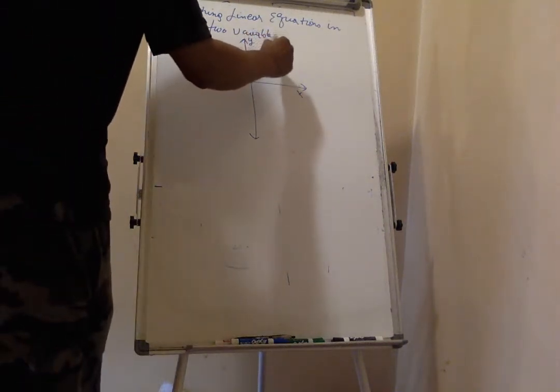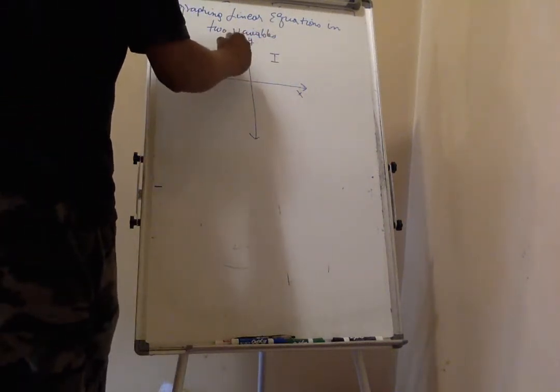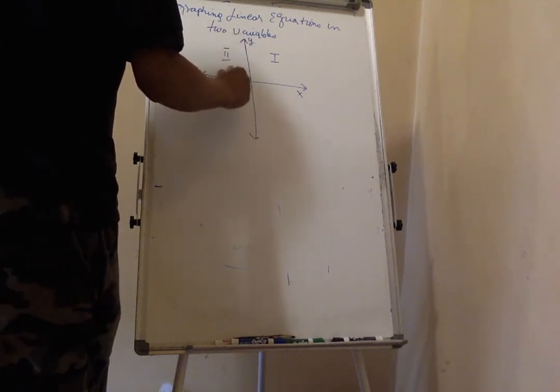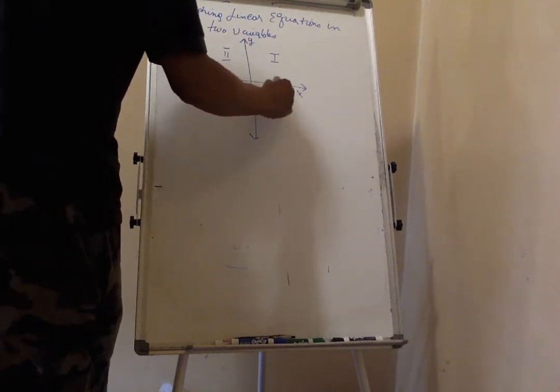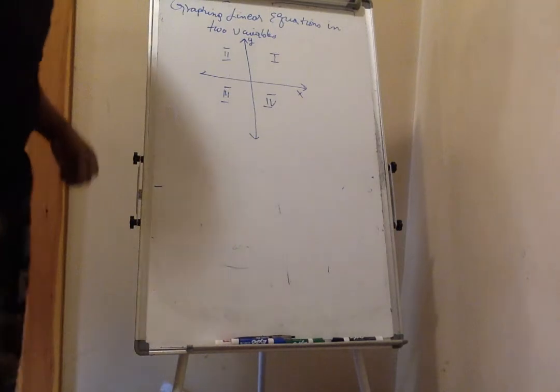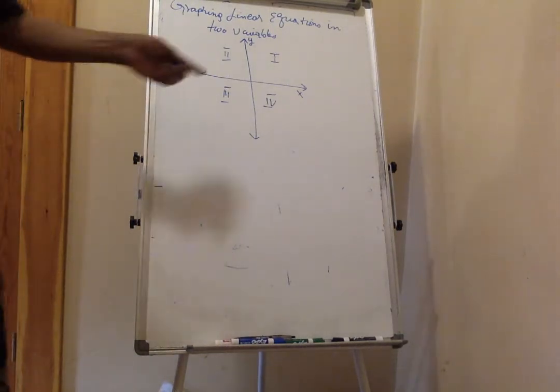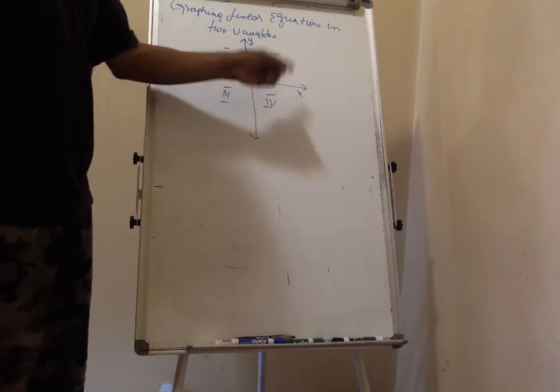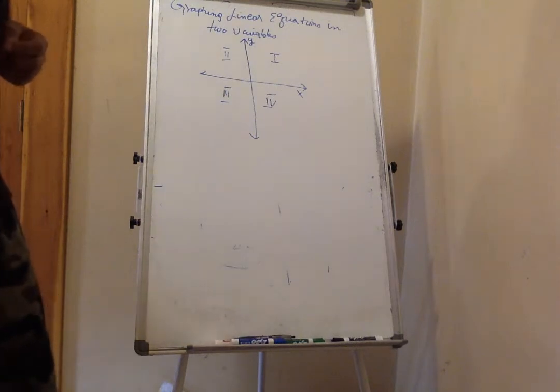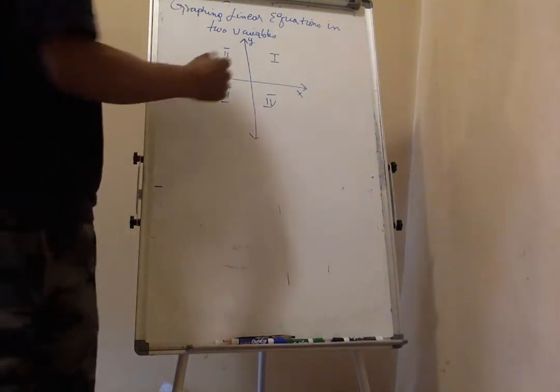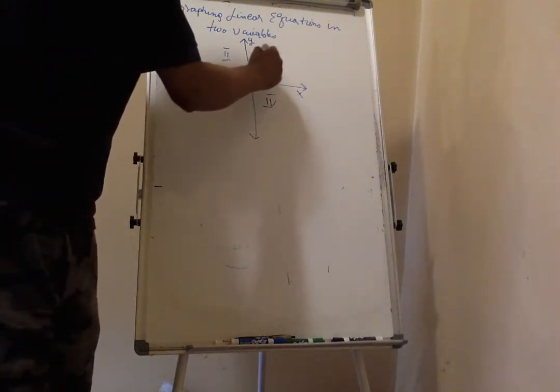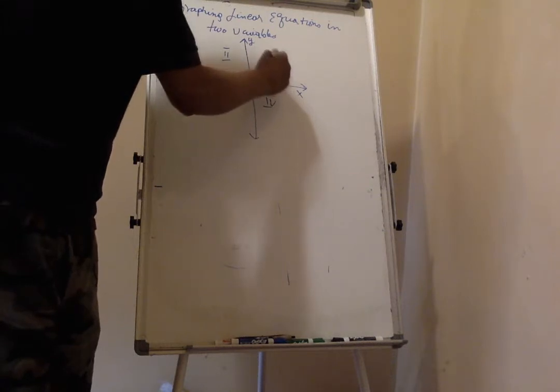This is quadrant 1, quadrant 2, quadrant 3, and quadrant 4, anti-clockwise. And we all know in quadrant 1, all the values of x are positive, and all the values of y are also positive. So we have x and y.